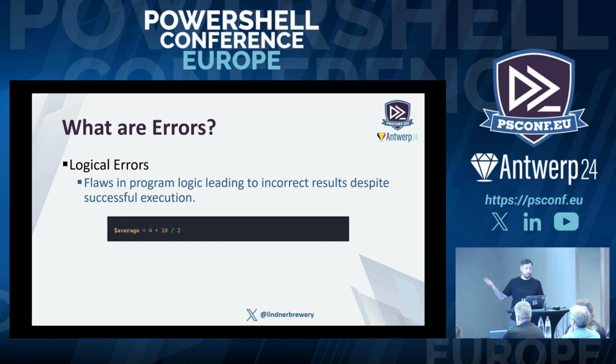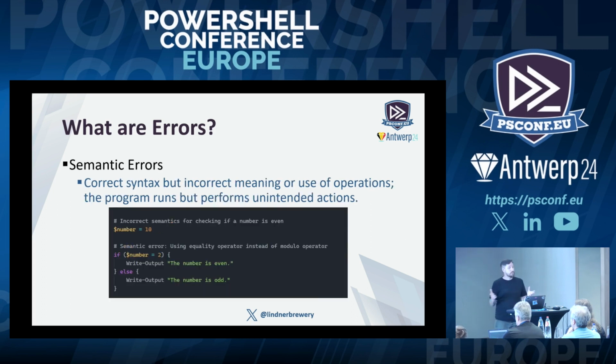For example, here we are missing the parentheses around the 4 plus 10. So we're not going to talk about these errors. It will execute correctly though. And also semantic errors. They have correct syntax, but incorrect meaning or use of an operation. So for example, here in the if, we've got the number equals to, and it should be modulo. It will never work. But it will run, but it's still an error.